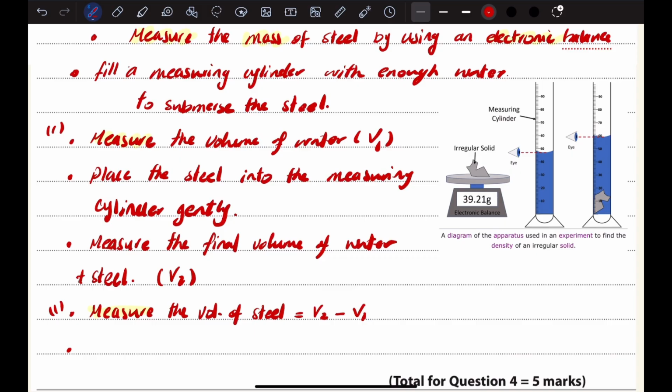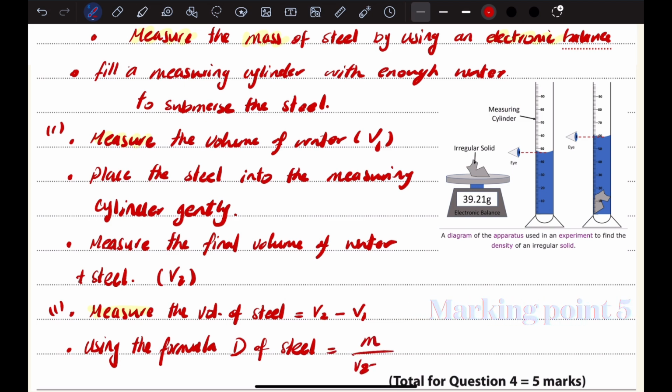So I would say using the following formula: D, the density of the steel, equals M divided by V2 minus V1, which is the difference between the two volumes. And the density, by the way, is measured in kilograms per cubic meter. I think I deserve the 5 marks here for mentioning all of these 5 points.